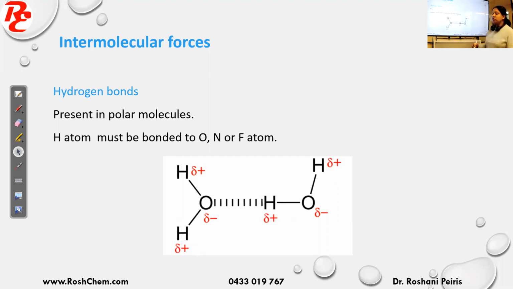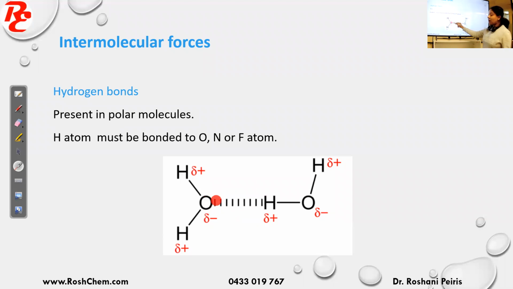Therefore, if you take a water molecule, water can have hydrogen bonds. If you see in the diagram here, oxygen is delta minus and hydrogens are plus. In this water molecule also, hydrogens are plus and oxygen is minus. So this hydrogen from one water molecule is attracting to the lone pairs of oxygen from the other water molecule.